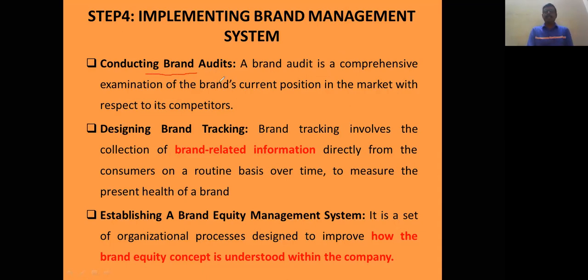It gives a comprehensive outlook regarding the brand's current position. It is usually in the form of the brand profitability that has been registered, and the amount of profits that can be yielded from the brand from time to time.